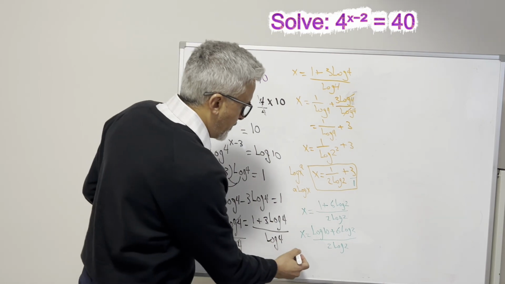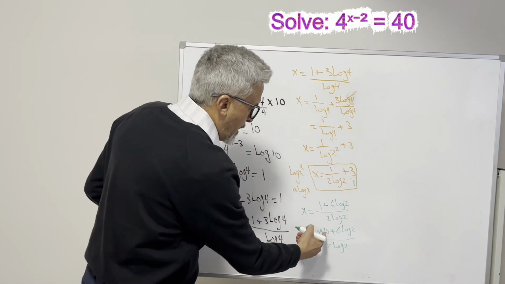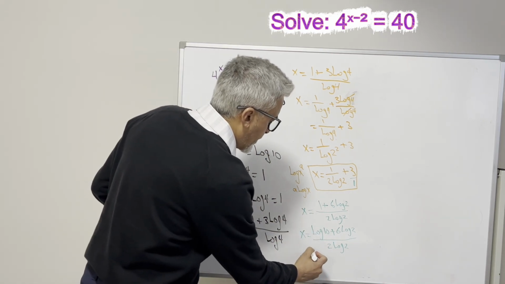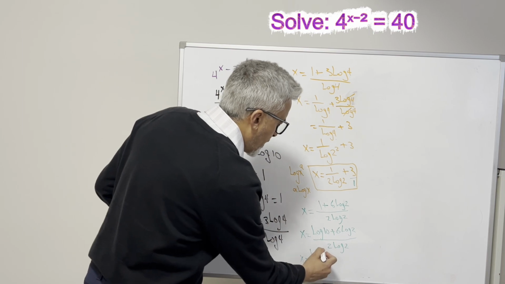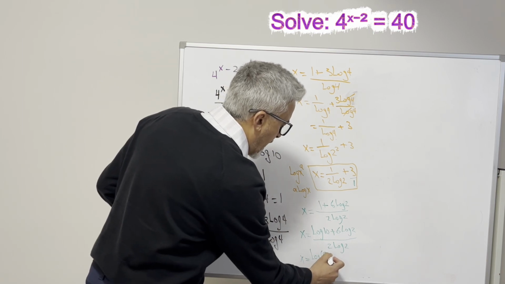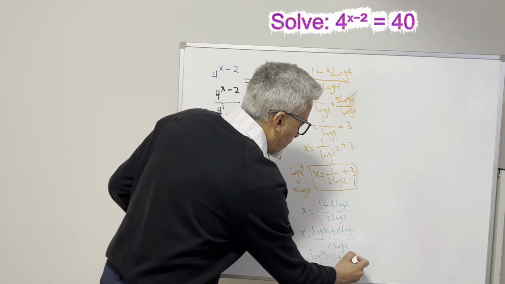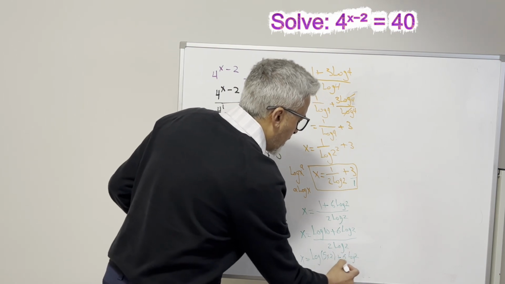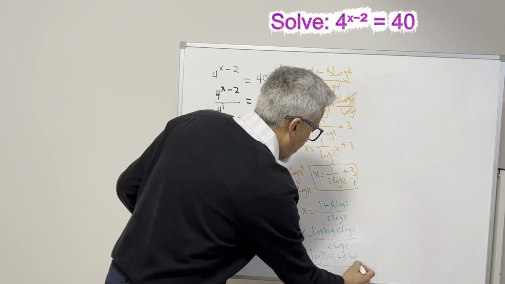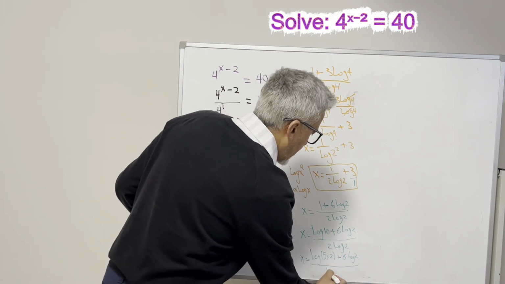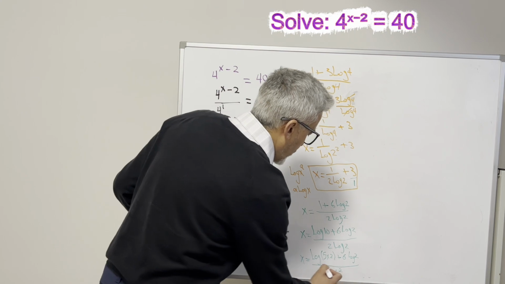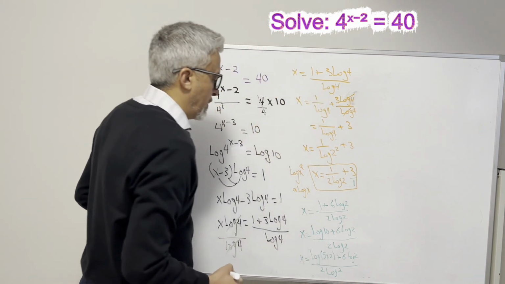And here, I'm going to make the 10 into 5 times 2, plus 6 log 2, all over 2 log 2.